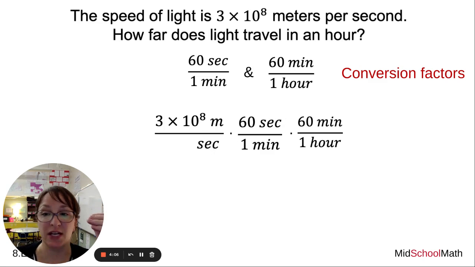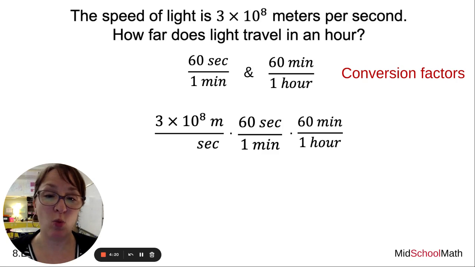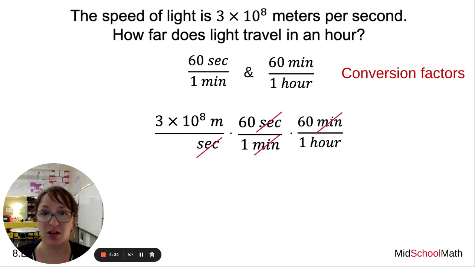So in my original problem, seconds was on the bottom. I want seconds to go away because I want to convert them. So I want to make sure that in my next rate, seconds is at the top. And then I need to continue because I actually want minutes to go away as well, and I want to convert those to hours. So my seconds cancel each other out, my minutes cancel each other out.